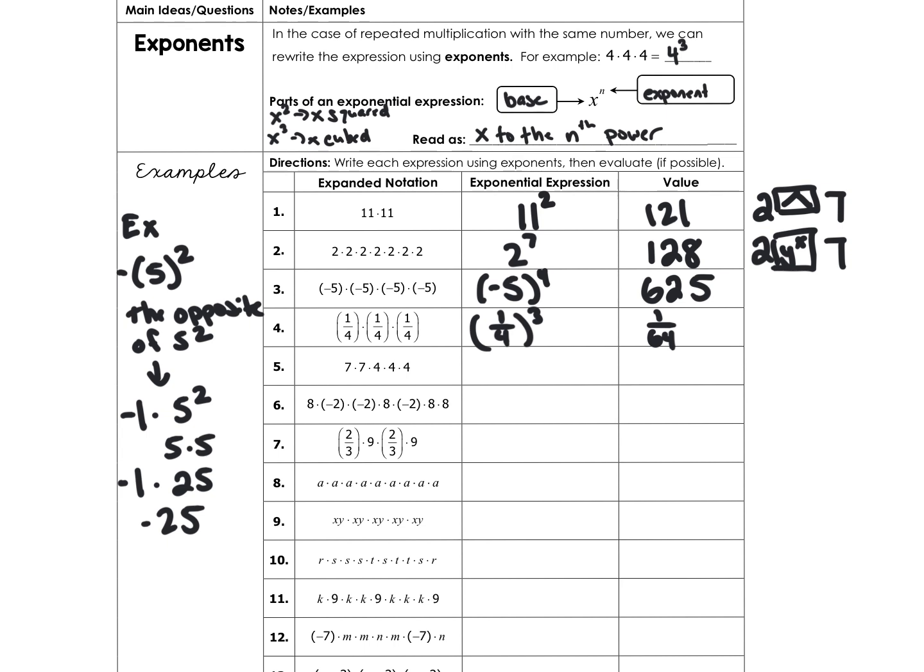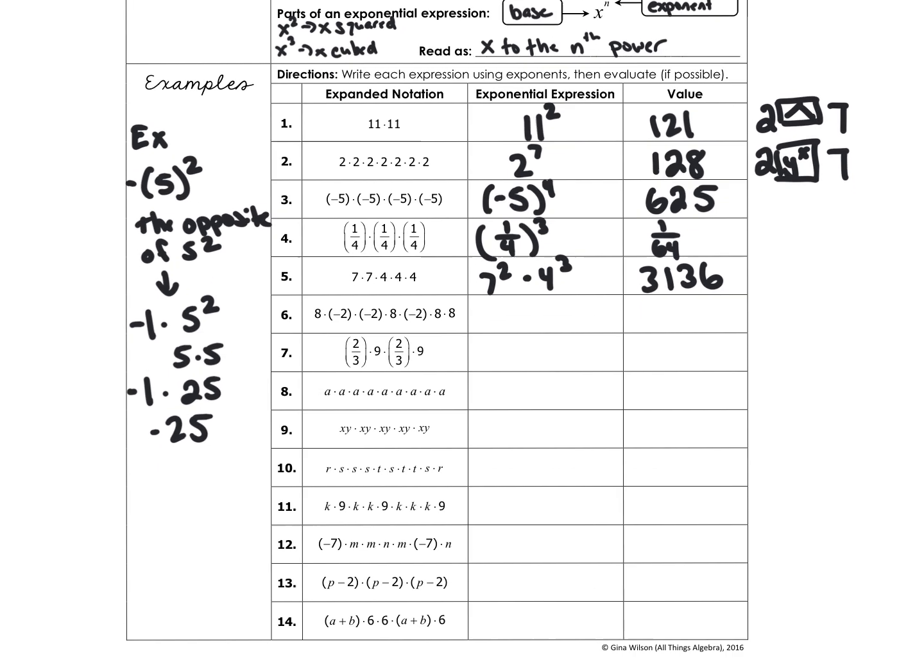So 7 times 7 is 7 to the second power times 4 to the third power. So when you evaluate that, it would end up being 49 times 64, and that would end up being 3,136. All right. If you want to do the next ones on your own, just as kind of practice, you definitely can.